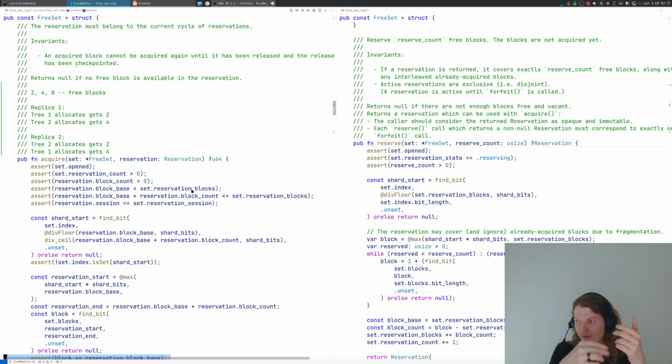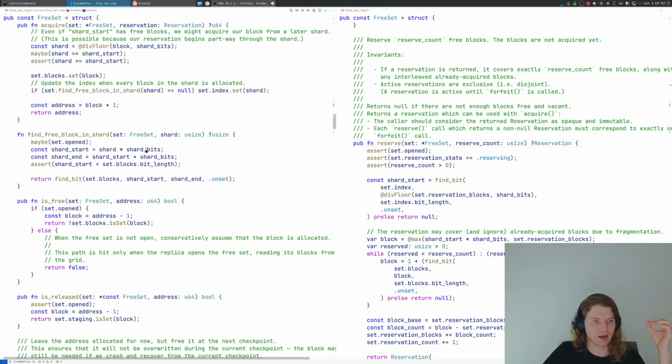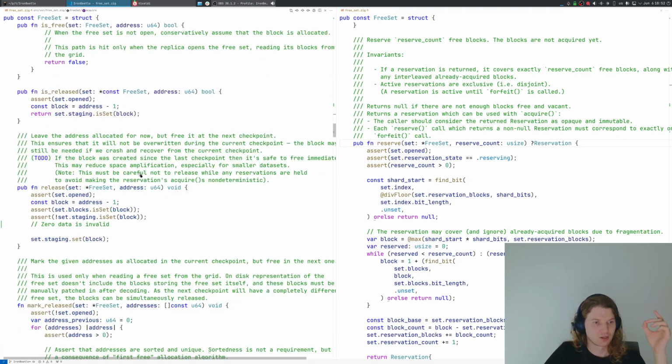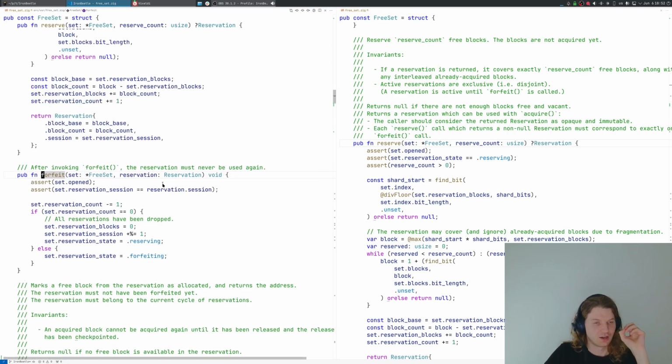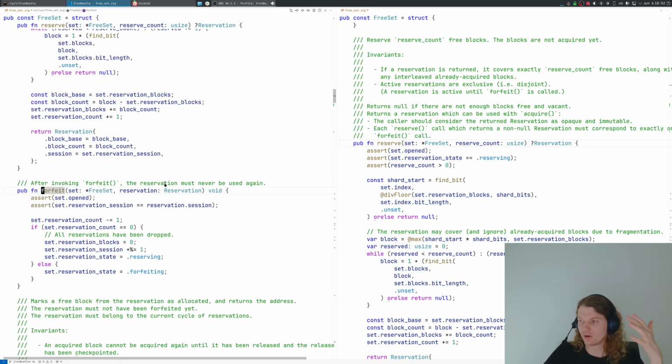And it is important that it doesn't happen that you reserve and then you use that reservation much time later. So that's why any acquired reservation must be eventually forfeited, so that we make sure that there are no garbage outstanding reservations which might interfere with concurrency.